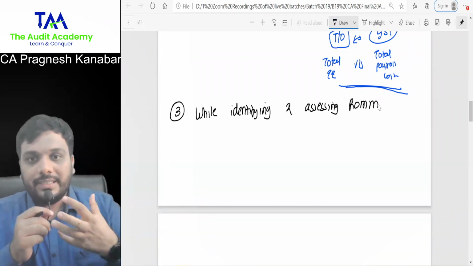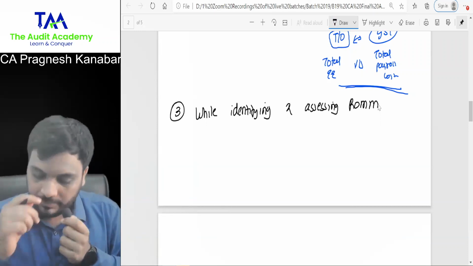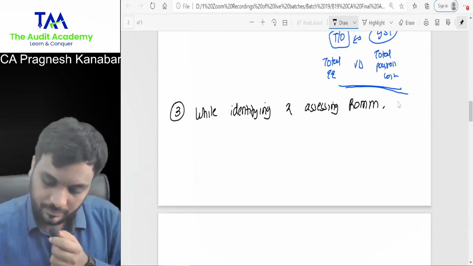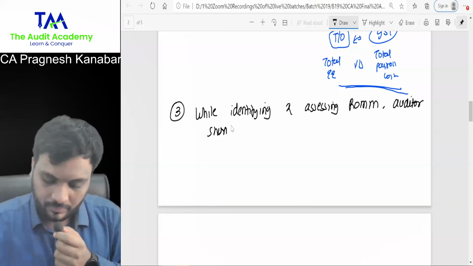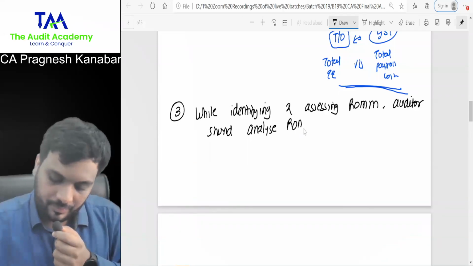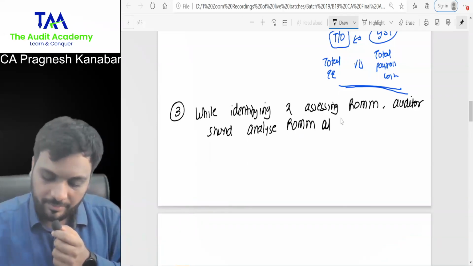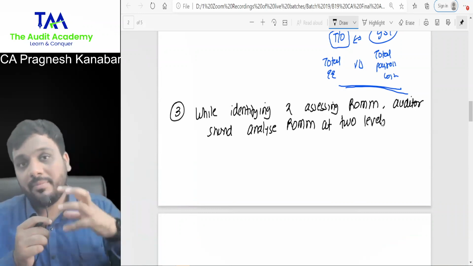So when the auditor is identifying and assessing the risk of material misstatement, the auditor should analyze ROMM at 2 levels.